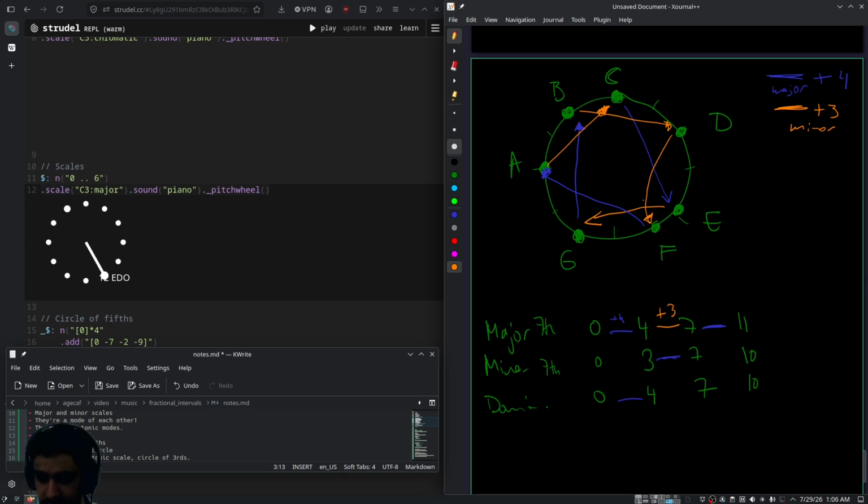So we have a lot of times where the blue and the orange alternate each other. And what we're going to end up having is that we have C major. We're going to have G major.